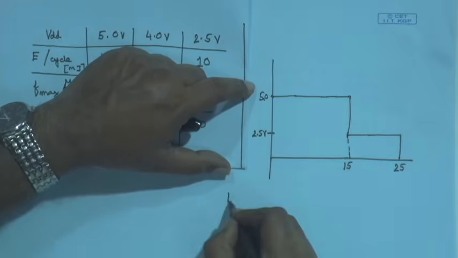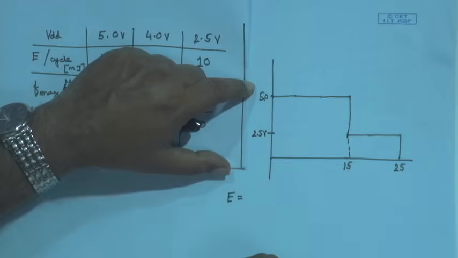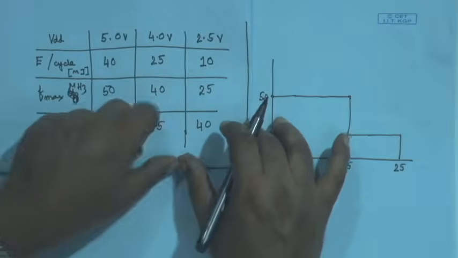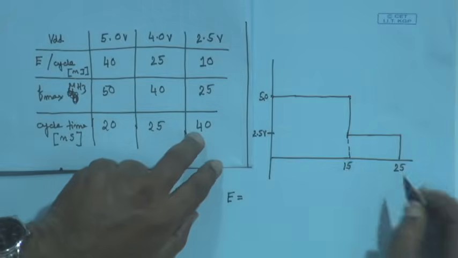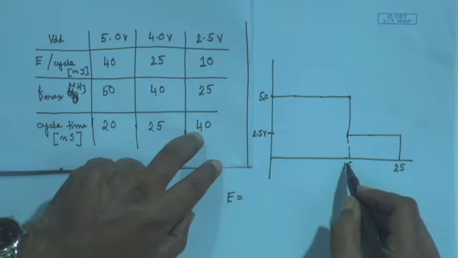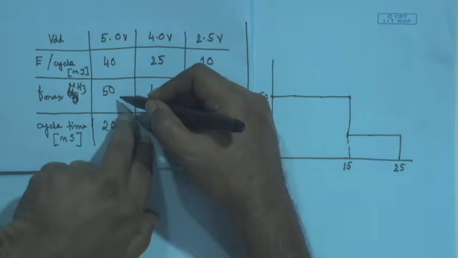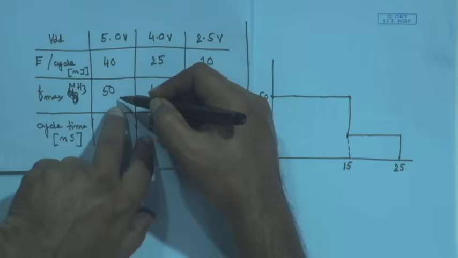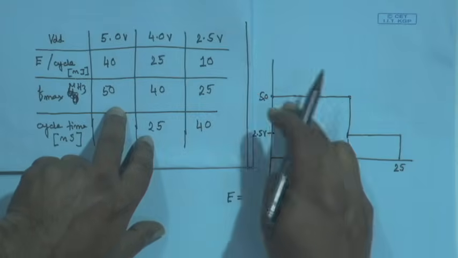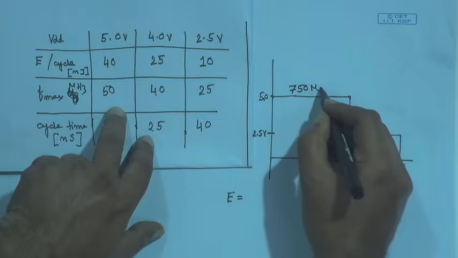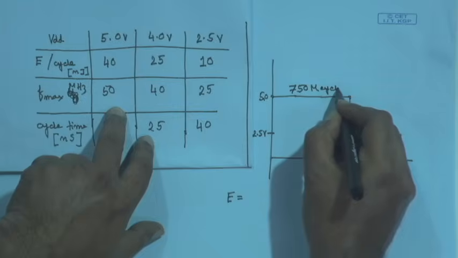What will be my energy consumption? I have run 750 million cycles at 50 megahertz. 5 volt means 50 megahertz. So, I have actually run 750 million cycles here.